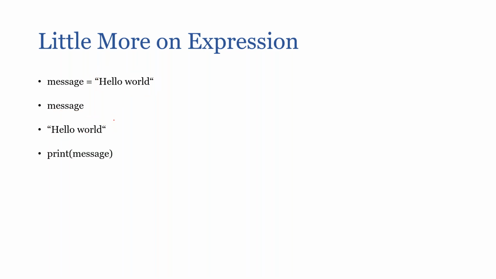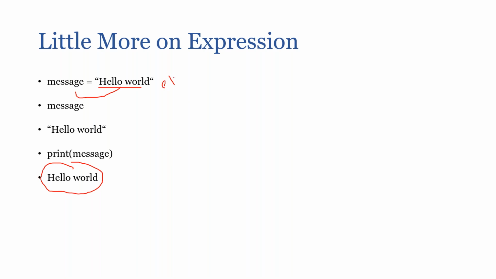Now you see, we also did print message, and we get hello world. Here you don't have quotes. So what is the difference? When anything gets assigned into something, I said this is an expression.